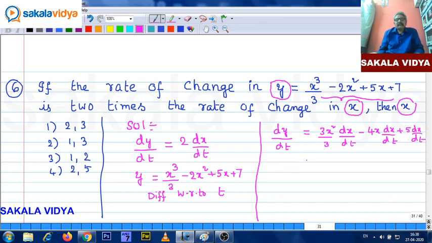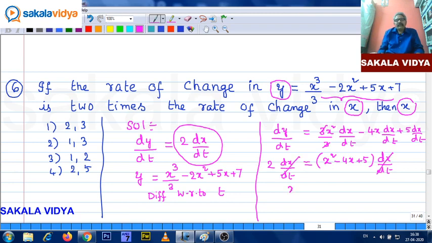Now this can be written as dy by dt equal to 2 dx by dt. So this is replaced. Now this 3 gets cancelled, dx by dt is common, we have x square minus 4x plus 5 of dx by dt. So dx by dt gets cancelled.